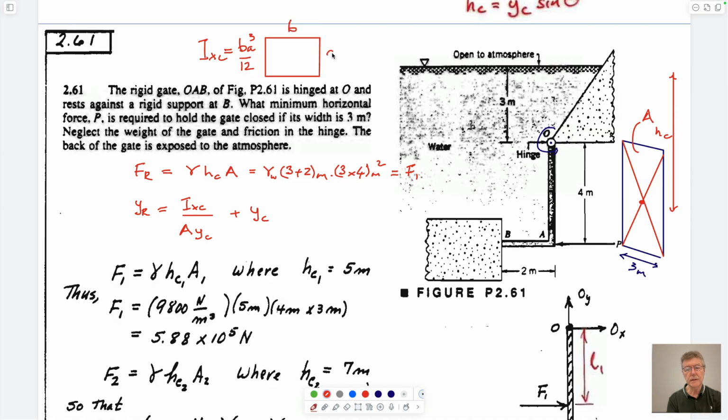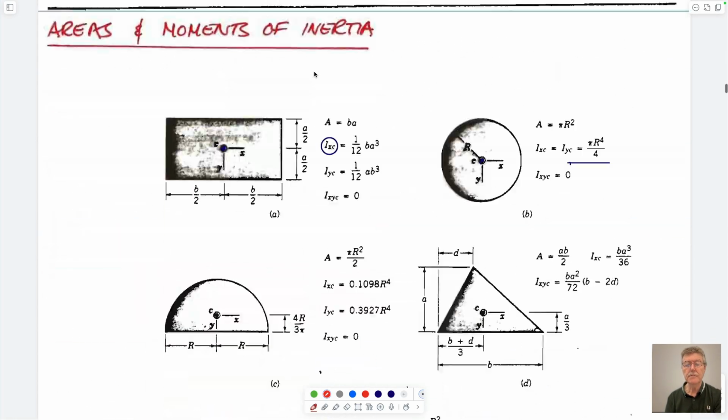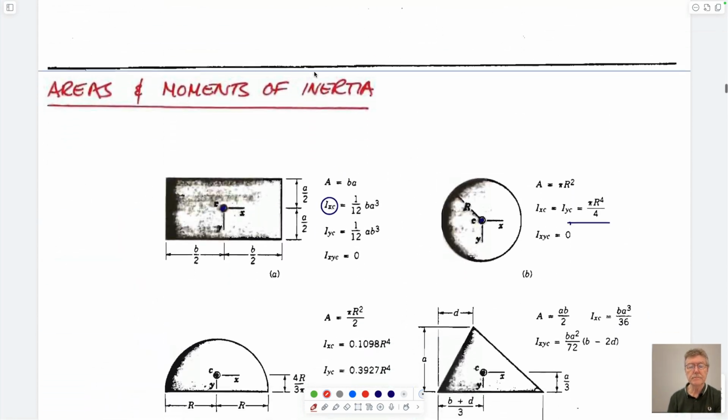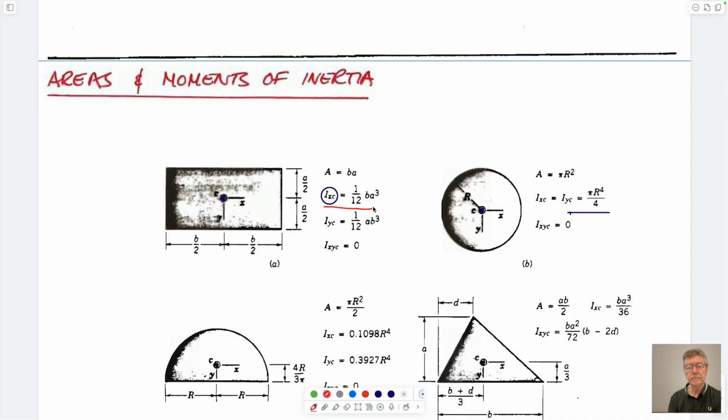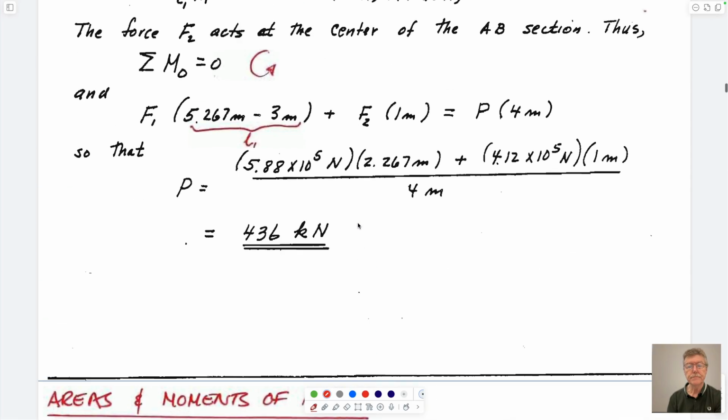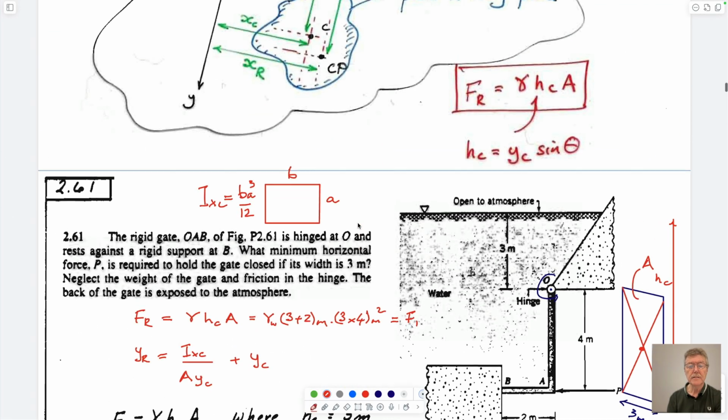B is the width, A is the depth. It doesn't matter if it's the profile of the plate; the plate could be horizontal, but it's the profile of the plate. This has to be with the depth. And this just comes from this, and we've used it before.